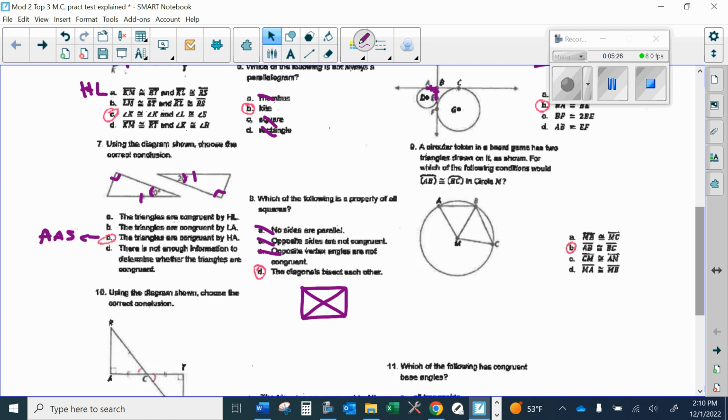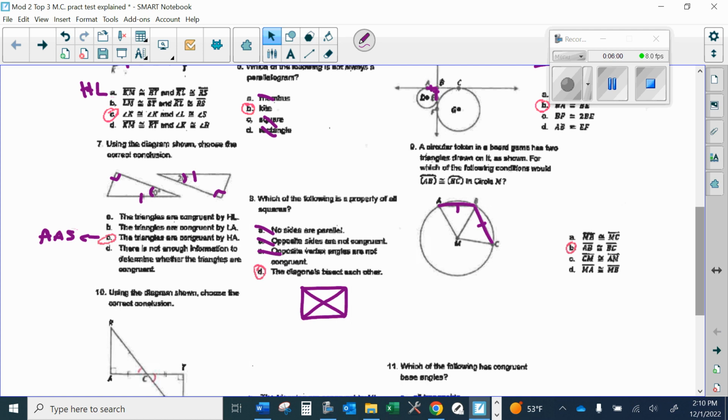Okay, number 9. For which of the following conditions would arc AB be congruent to arc BC? Okay, and we have if AB is congruent to BC, so that chord length is the same as that chord length.